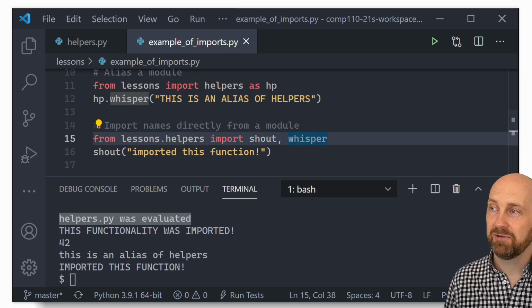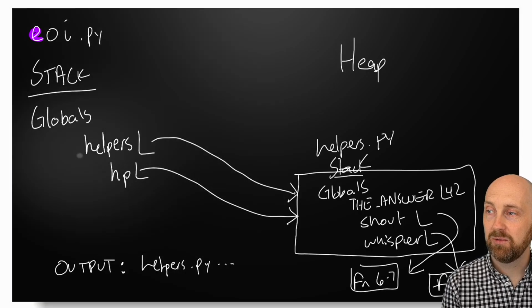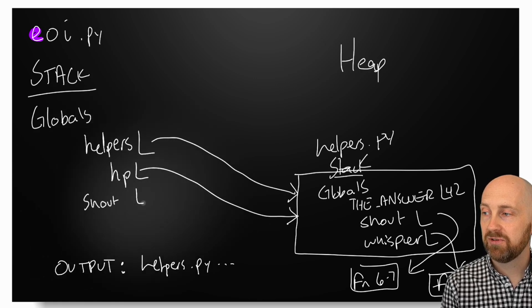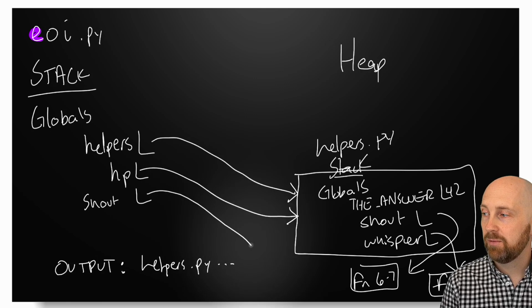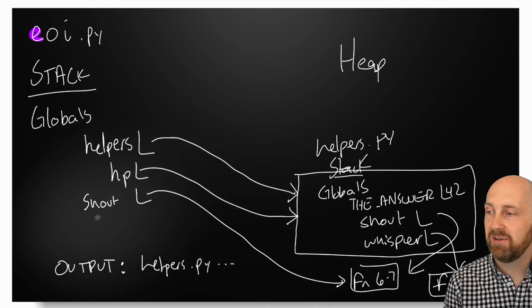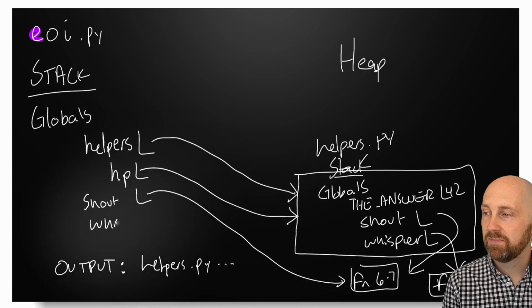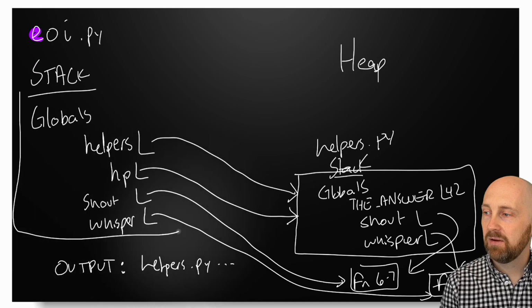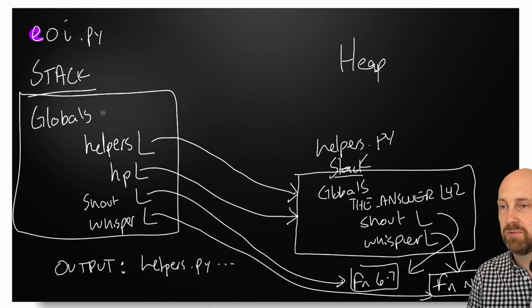So this line of code would have the effect of saying, okay, well, in this file, shout is now a name in our globals space, and it's going to refer to the function on line 6 to 7, and whisper is the other function, all right? And that's how we would set up these references.